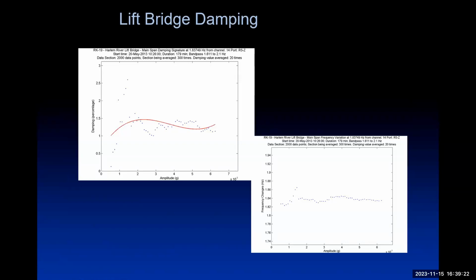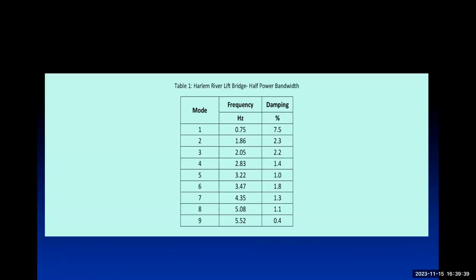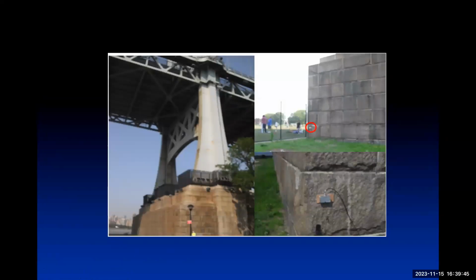The lift bridge, well, we had damping, which was quite large, by comparison, 2.5%, whereas it's only 1.5% as the amplitude increases. And those are the frequencies with damping rather larger than those for the main span.